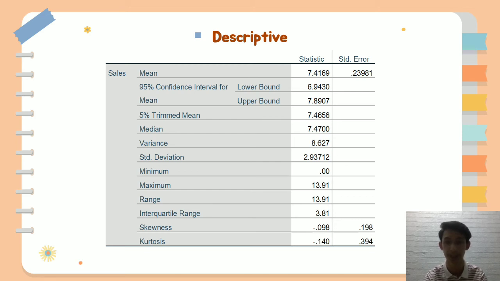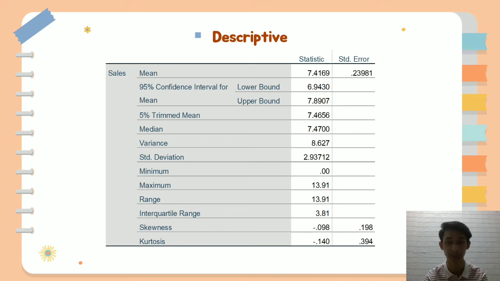For the sales, the mean is 7.4196 for the statistic, and the standard error is 0.23981. For the 95% confidence interval, the lower bound is 6.9430 and the upper bound is 7.8907.